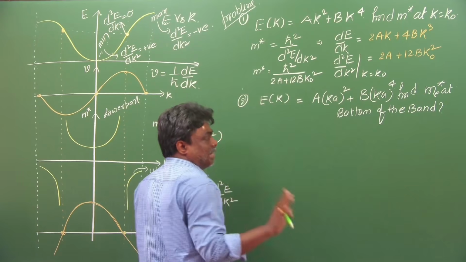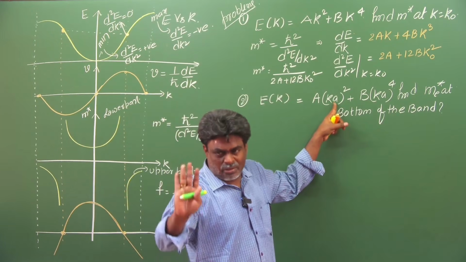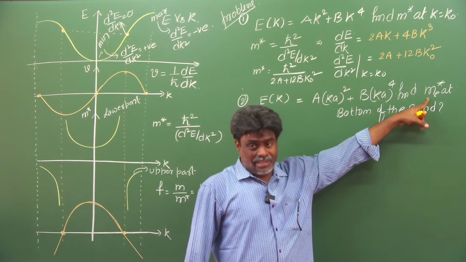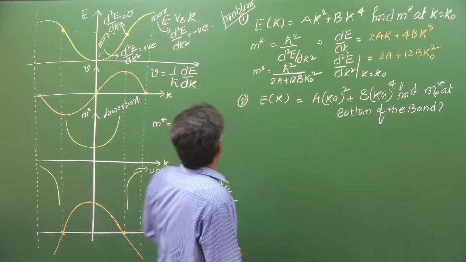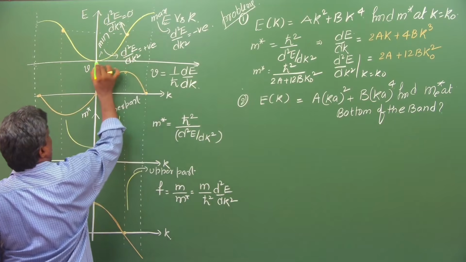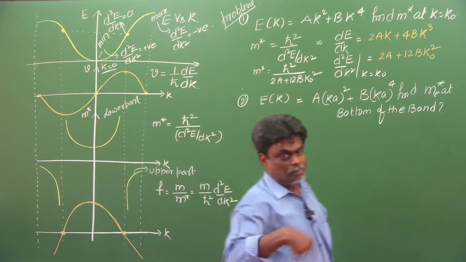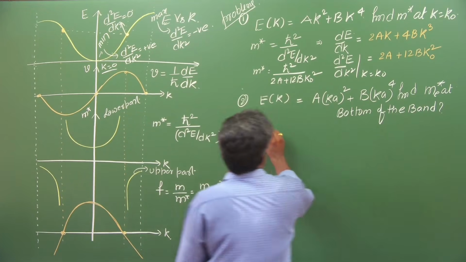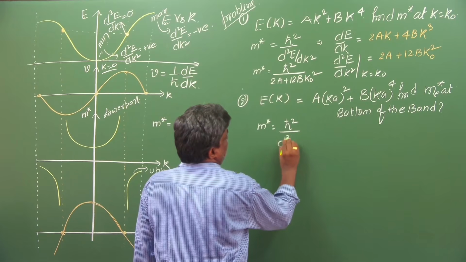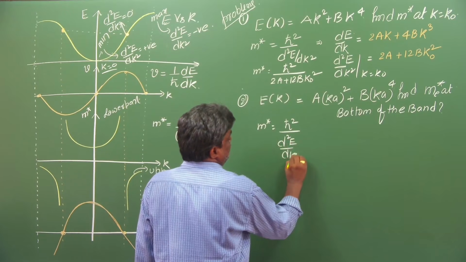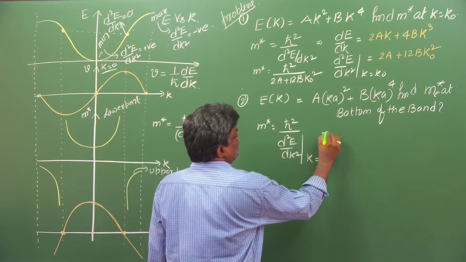Next, come on. Wait. Energy relation is given. Of course, some extra a is given. Not an issue. What is he asking? m star at the bottom of the band. Bottom of the band means what? Find and put k equal to 0. m star is h cross square by d square E by dk square, very easy. At the bottom of the band, that means k equal to 0.